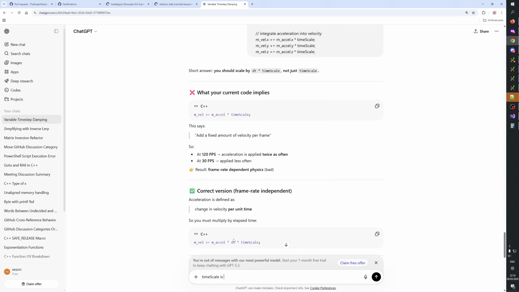Timescale is the difference between render, update, and logic step.